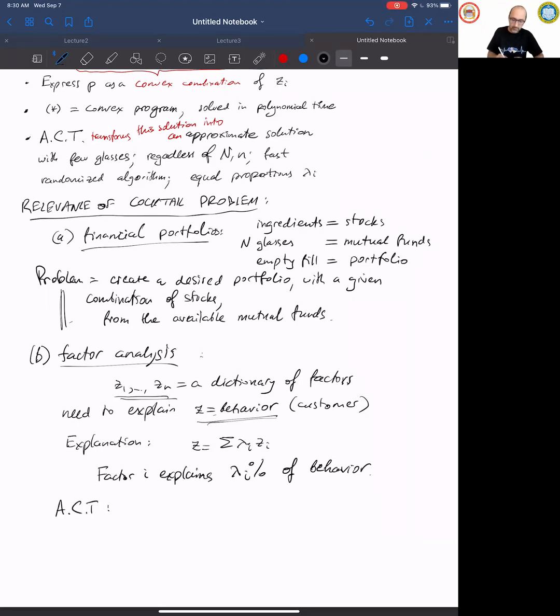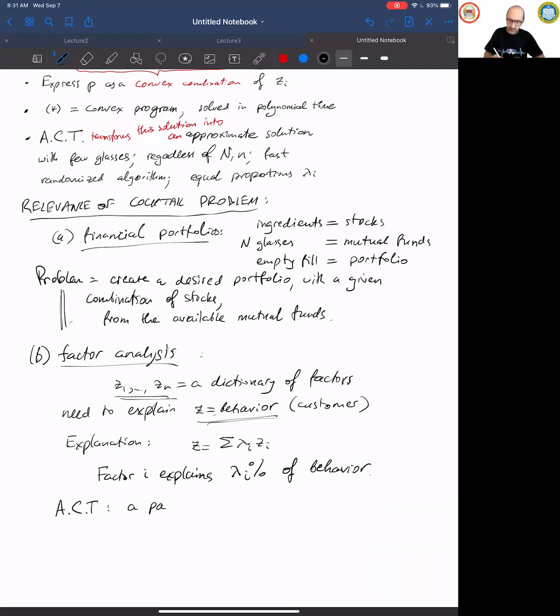The Approximate Carathéodory Theorem, when it comes into play, builds an economical, parsimonious model, a very short model. It says, okay, there are a lot of factors out there, and everything can explain everything, but really there are these 5 that are important, right? So this small number of factors can explain the behavior pretty well, like say 99% of the behavior.